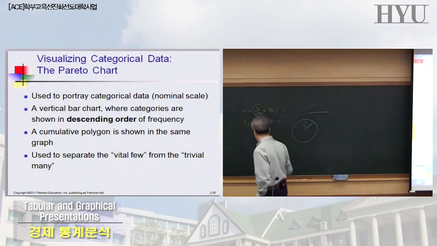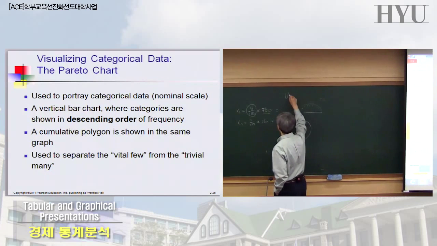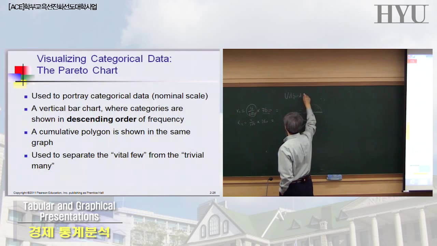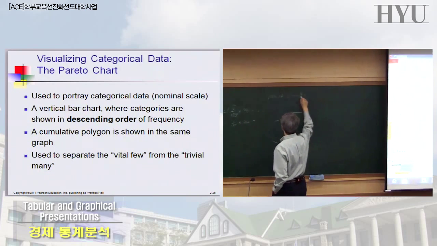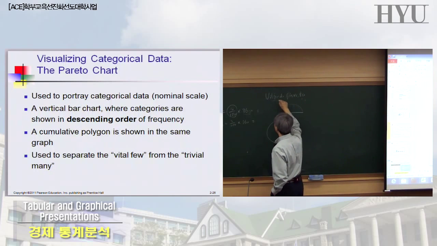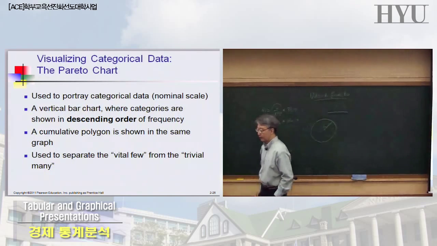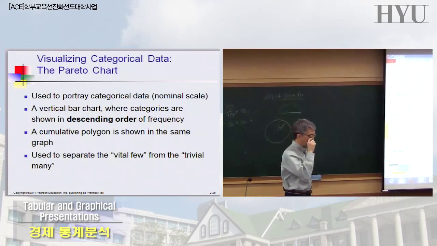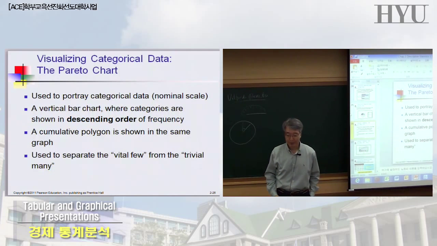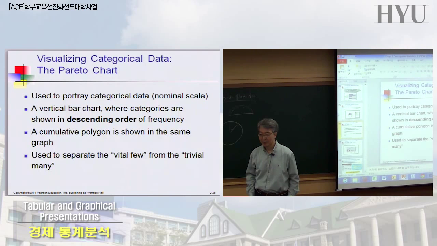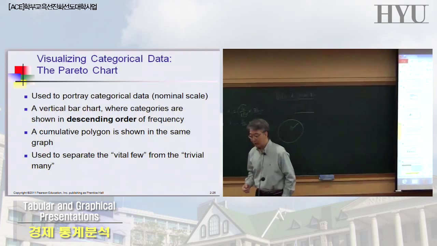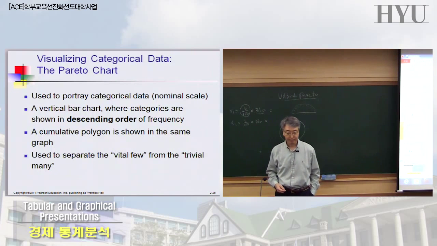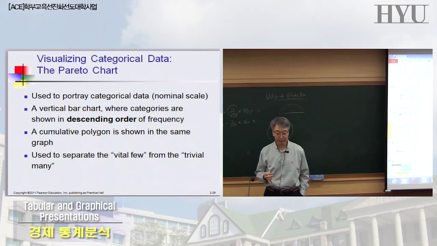Well, Vilfredo Pareto, okay, was an Italian economist, but he was a jack of all trades. He had talents in many different areas. He was an economist, he was an engineer, he was a sociologist. Okay?